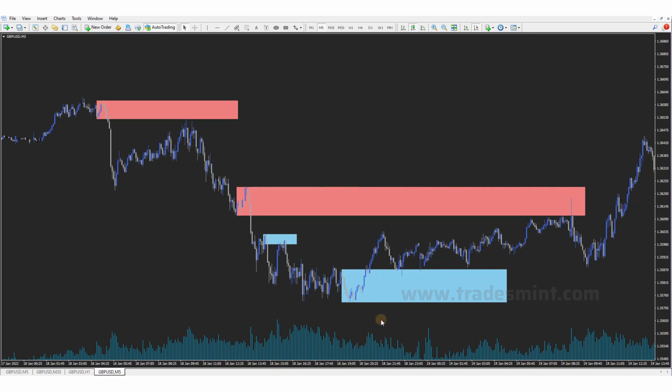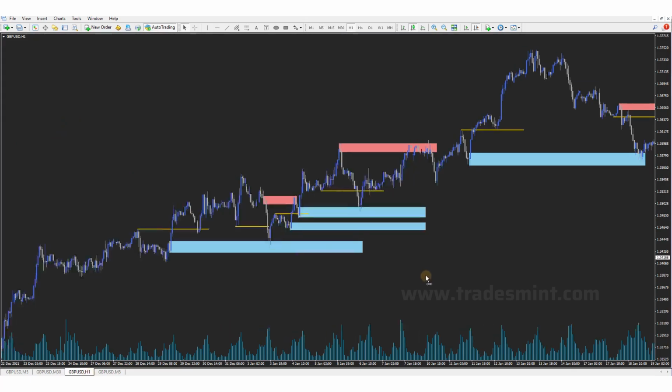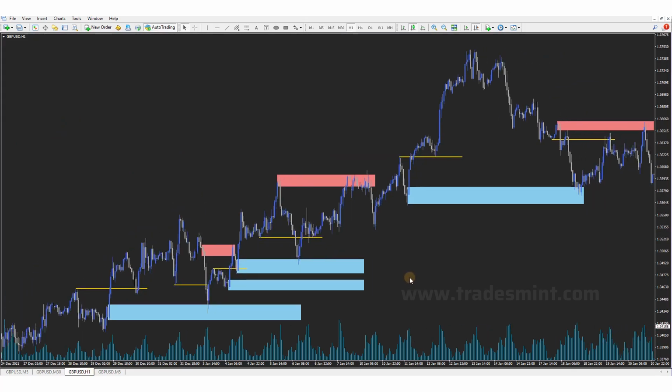So at first, if the lower time frame can be confused, please really be focused on the higher time frame zones to draw them correctly, and then watch what price is doing, if it's really rejecting.